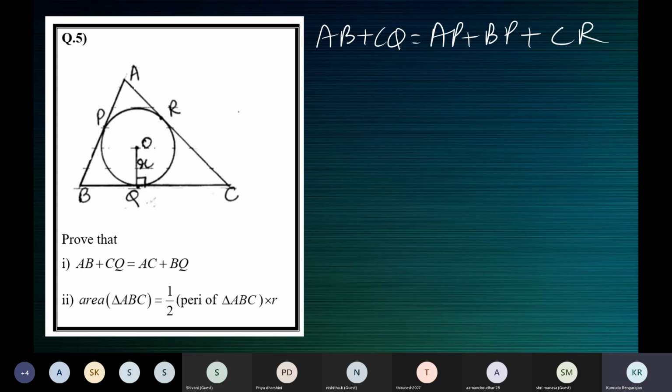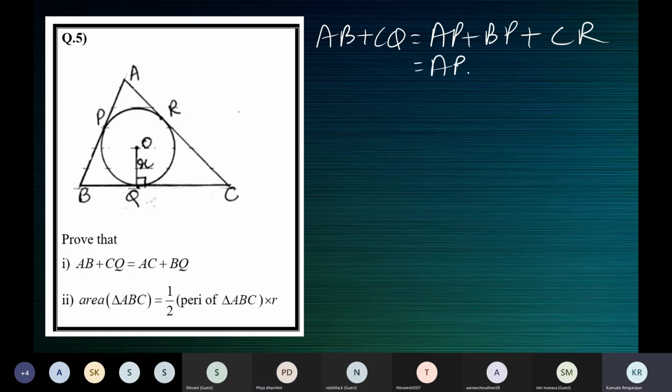Now, on the other side, we have AC plus BQ. What will give us AC? AR plus CR. Do we have AR here? We have CR. Do we have AR? No, ma'am. But what should be substituted with AR? AP can be substituted, because AP is equal to AR.